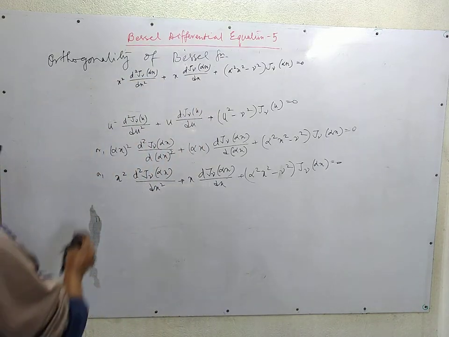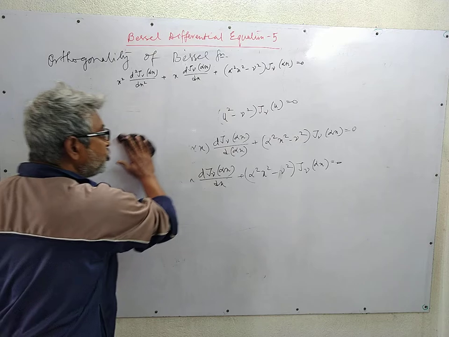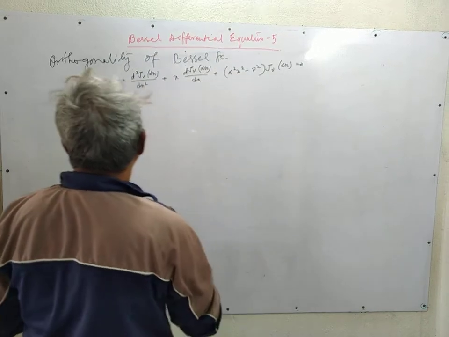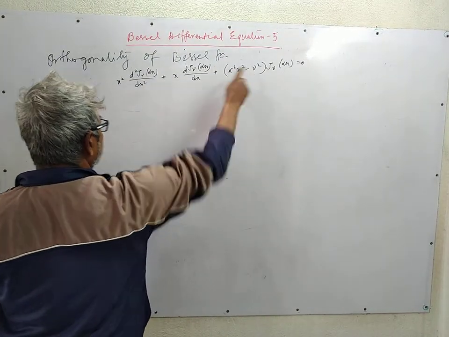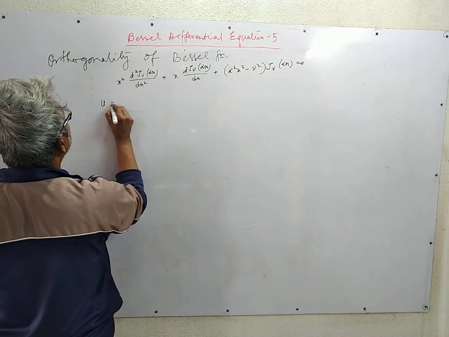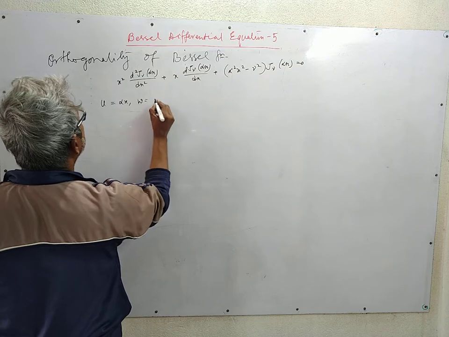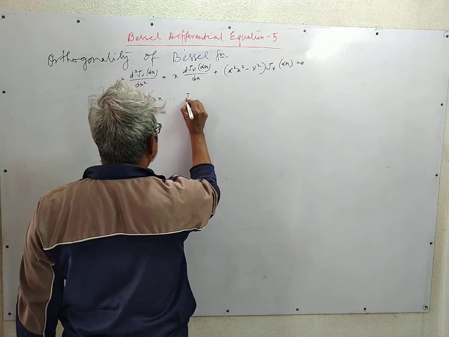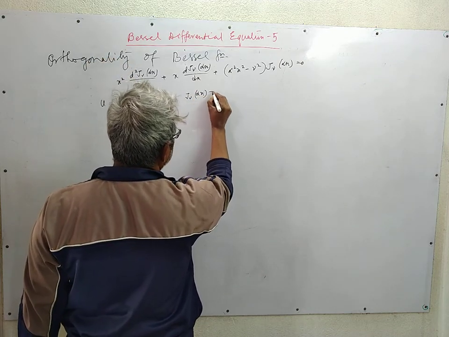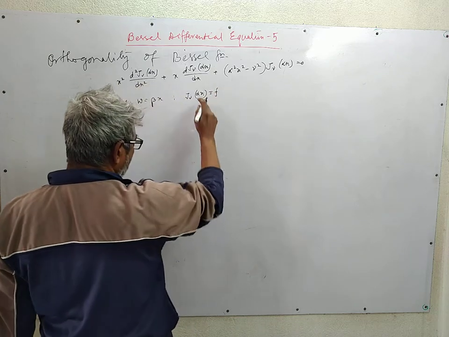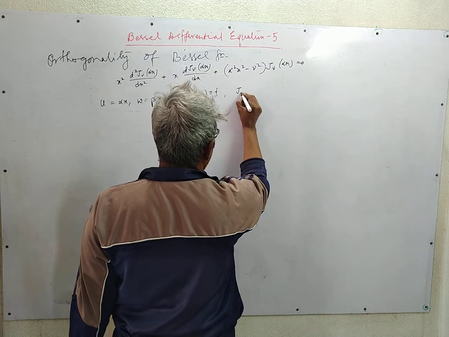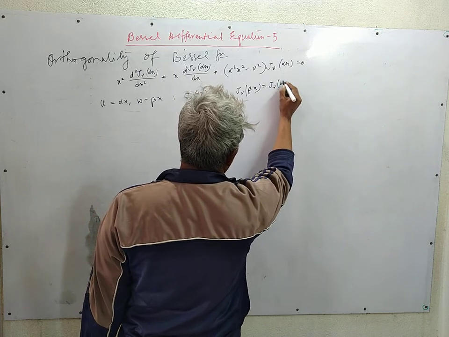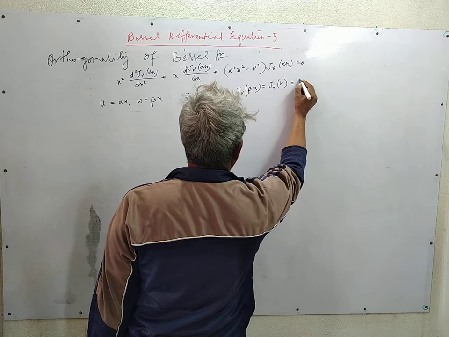This is the relation. Now we consider two constants alpha and beta, so that we define u is equal to alpha x and b is equal to, b may be confused with nu, so we write w. So u is equal to alpha x and w is equal to beta x. And so the corresponding functions, j nu of alpha x, to shorten the notation, is written f, and j nu of beta x is actually j nu of w, is written as g.